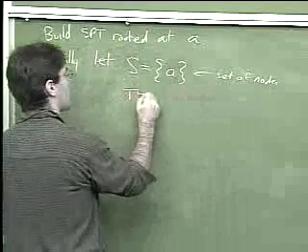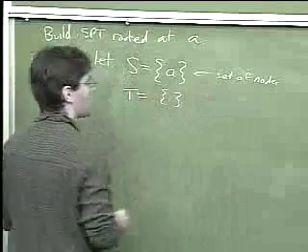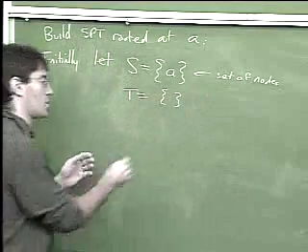And let's call it T. There'll be no edges. It's going to be the set of edges in our tree.